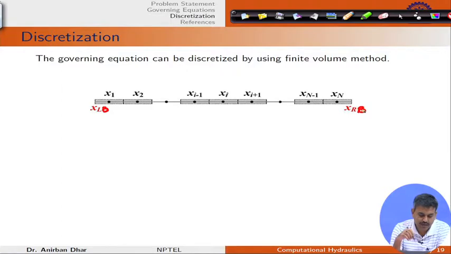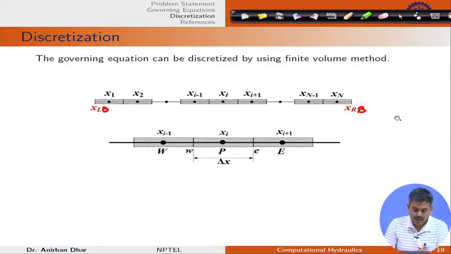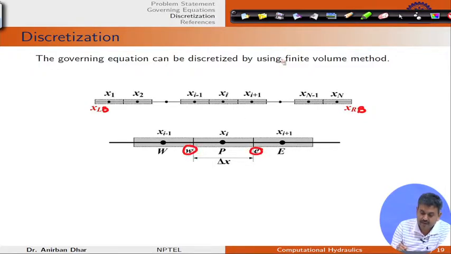Now, with left and right boundary I have n number of cells within my domain, and this is a typical interior cell where we have P, which is the central cell, and east side I have E and west side I have W cell, and east and west faces are there.